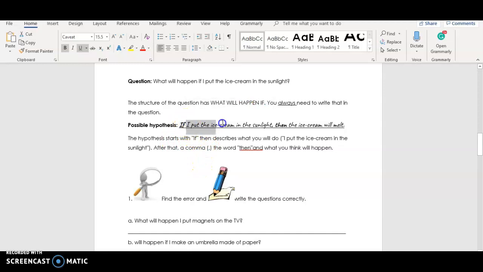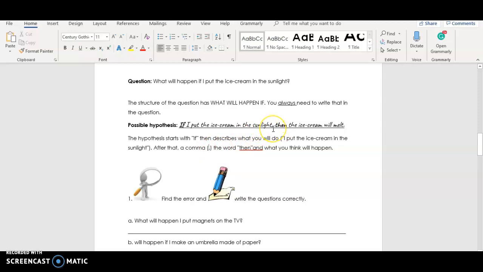Then you describe what you did. That is in the question. If I put the ice cream in the sunlight, this part, you need to put it in this part of the hypothesis. And then comes a comma. Look at the comma after the sunlight.